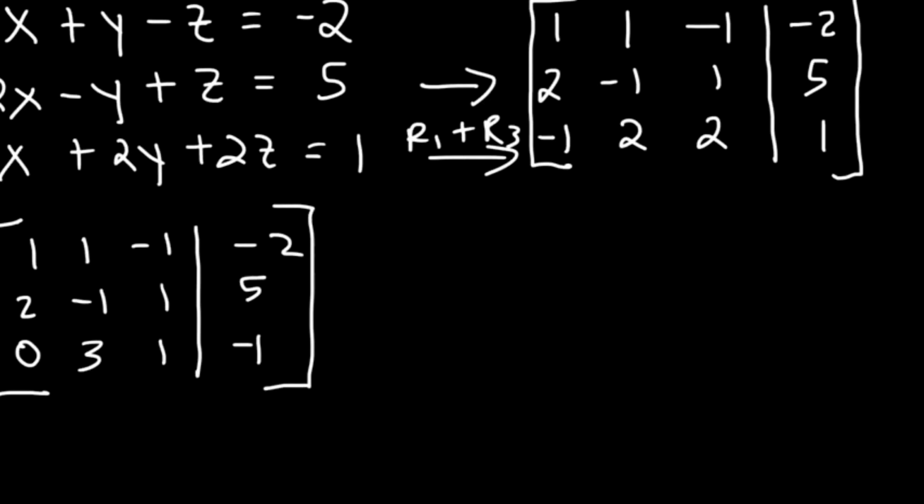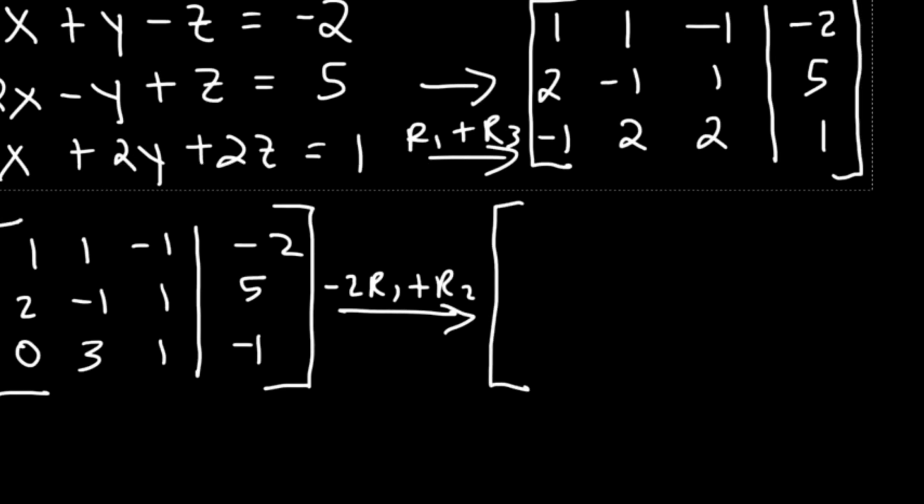Now the next thing I want to do is convert this 2 into a 0. So I'm going to apply the changes to row 2. I'm going to multiply row 1 by -2, because this will become -2, and then add that to row 2. So I'm going to write it out step by step for this one.